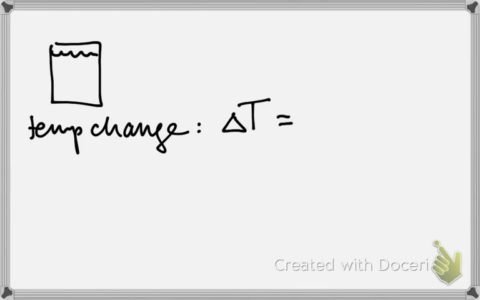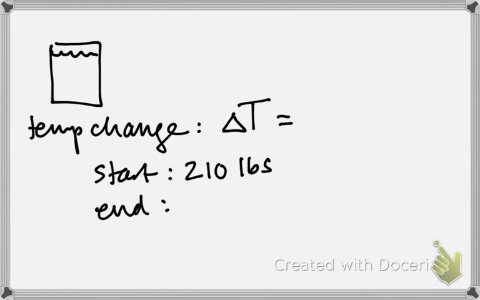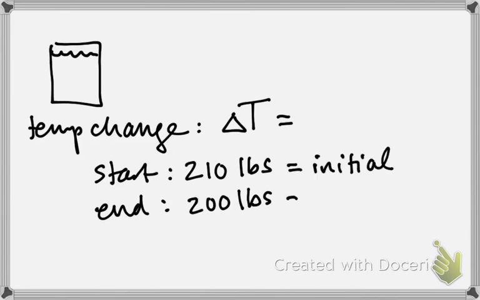And so you've been tracking your weight and your start weight was 210 pounds, okay? And you're trying to lose weight, so you've been tracking it over time. And then after a month, you weigh yourself, and you're like, oh, now I am 200 pounds. Okay, so the way we would define those is we would say this would be your initial condition, and this would be your final condition.